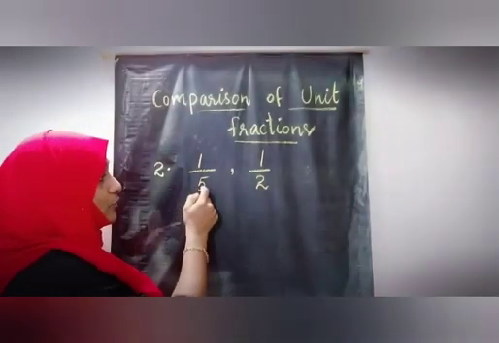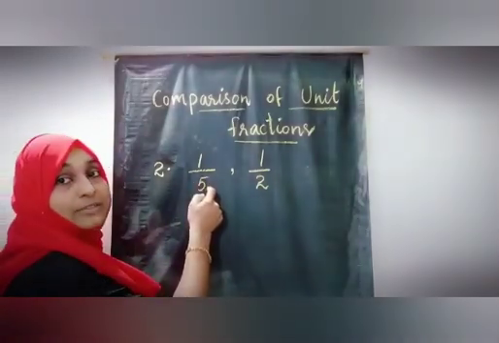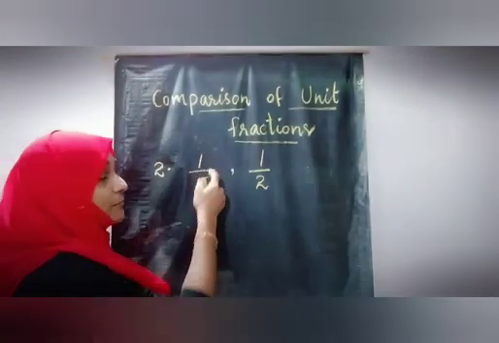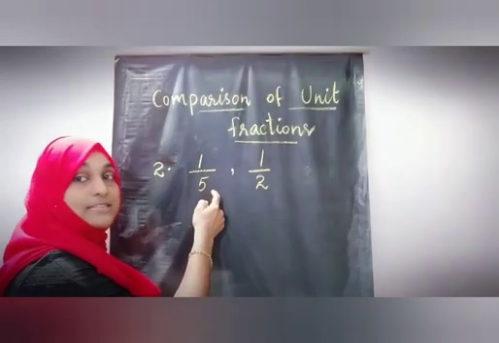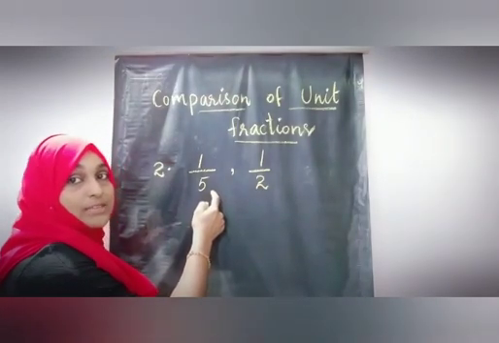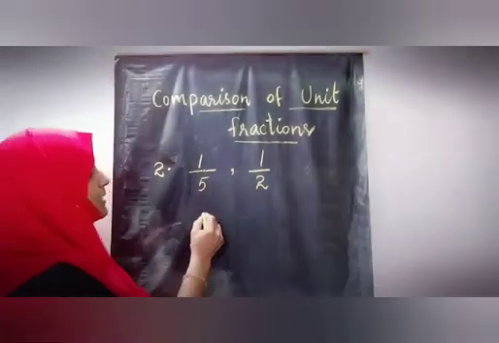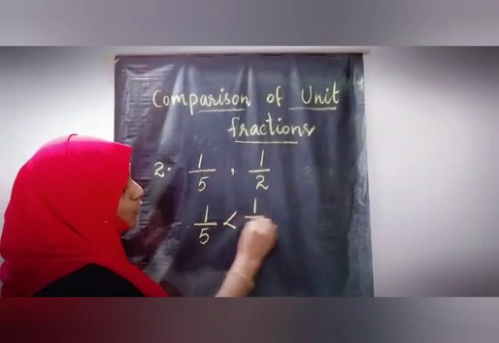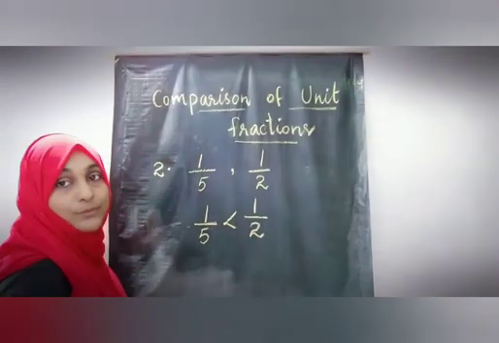Here 1 by 5 has the greatest denominator. So 1 by 5 is considered the smallest fraction. So we write 1 by 5 less than 1 by 2. Clear?